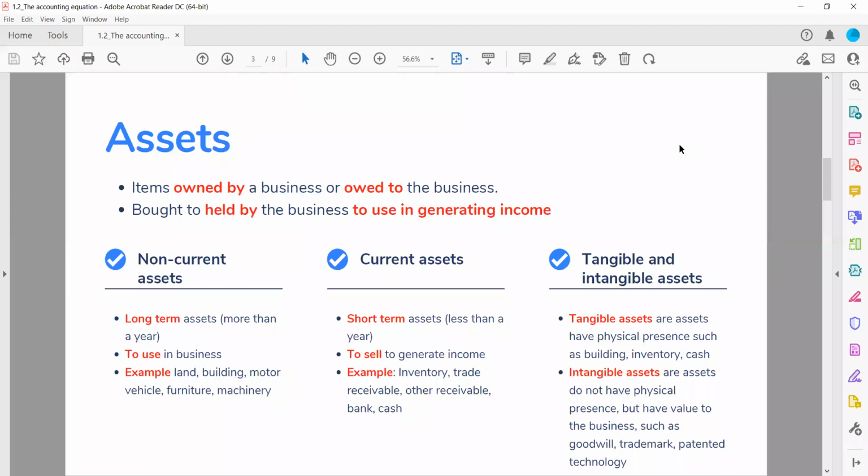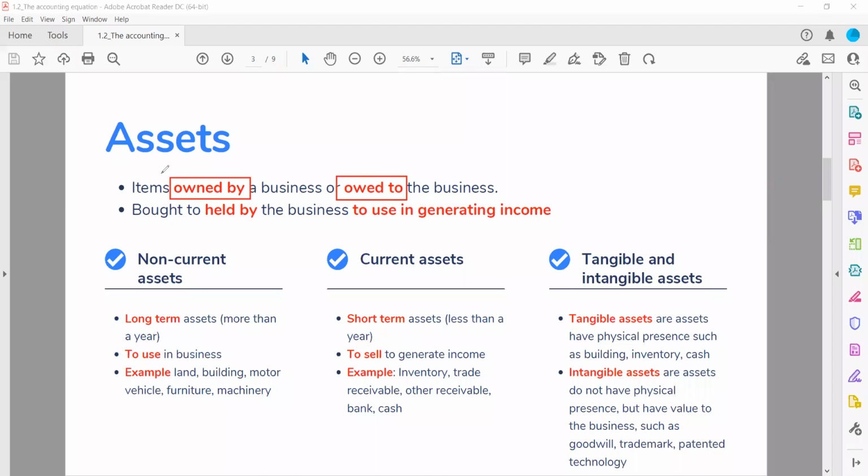What is the asset? Asset is the item owned by the business or owned by us or owed to the business. For example, a customer owing us money. Customer in accounting, we call trade receivable. So trade receivable is our asset because we can chase money.